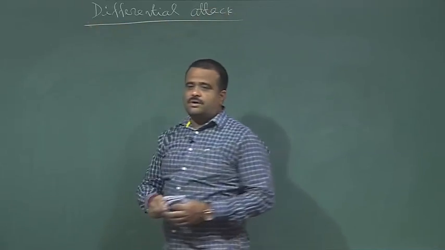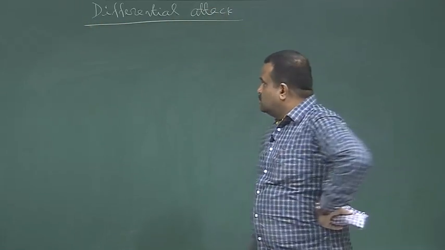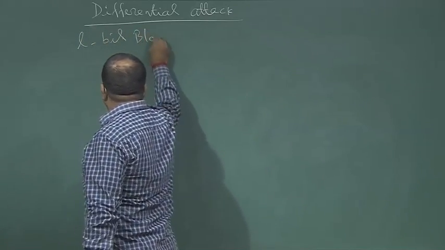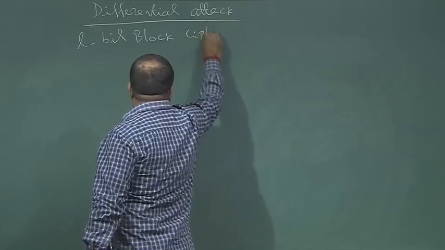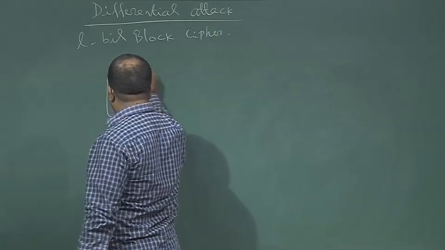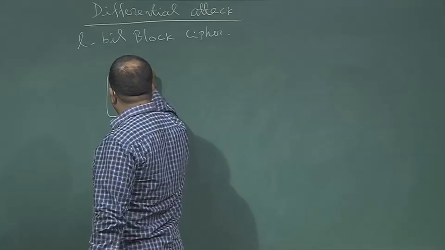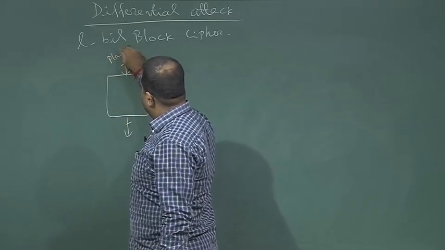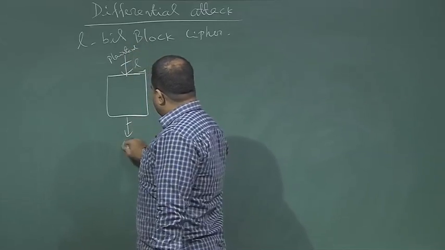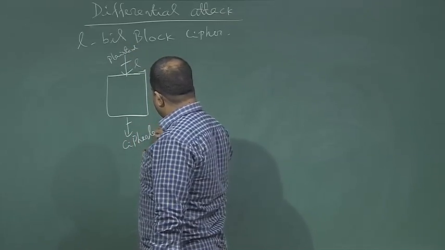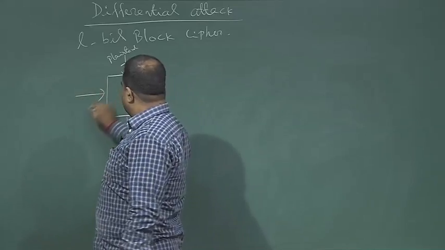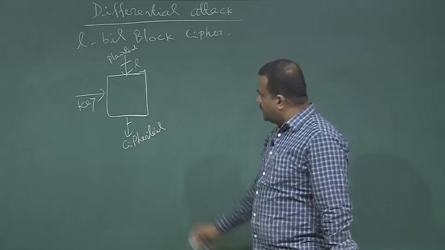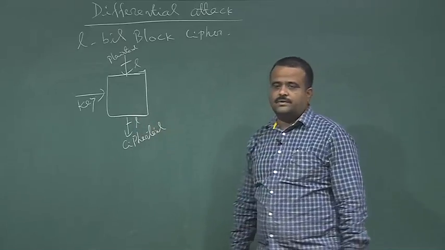So, let us just recall what a block cipher is. An L bit block cipher is basically a function which takes an L bit input plain text, and this is the ciphertext, and it takes the secret key k. This is the encryption, and decryption is the other way around. So, it is an L bit block cipher.